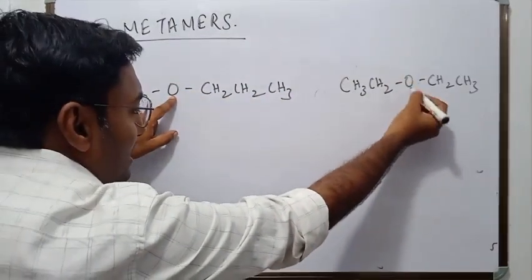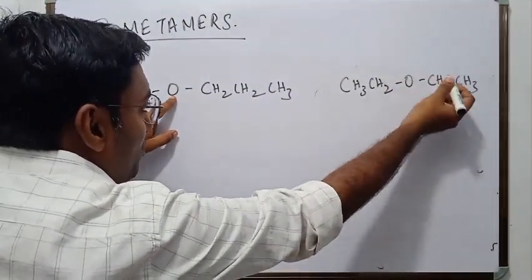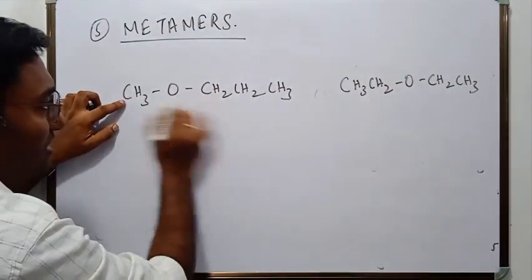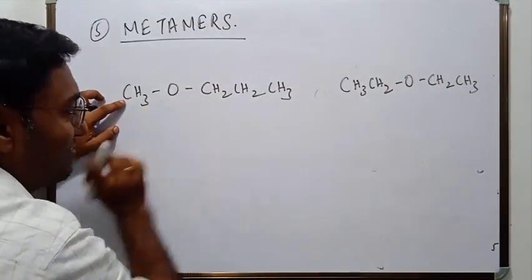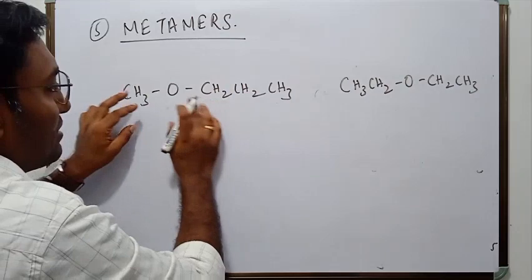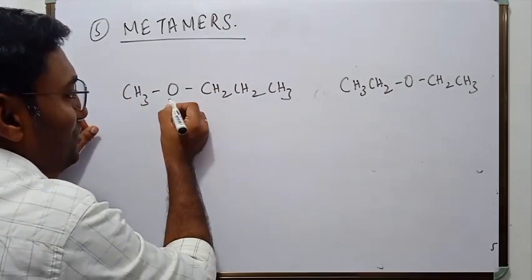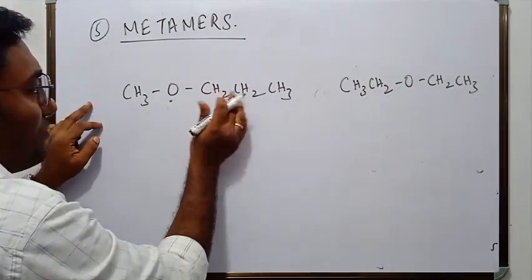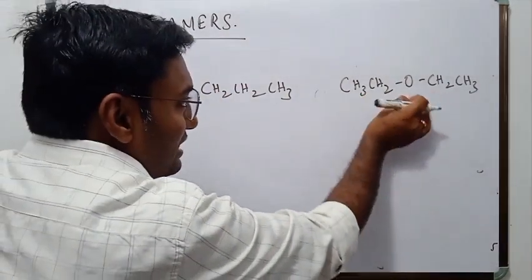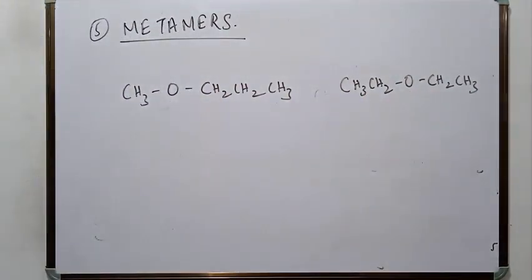Here the carbon atoms are 2 and 2 on the right and left of the functional group. But here the carbon atoms are 1 and 3 on the right and left side of the functional group. So this is actually propyl methyl ether and this is diethyl ether. So these are isomers of each other.